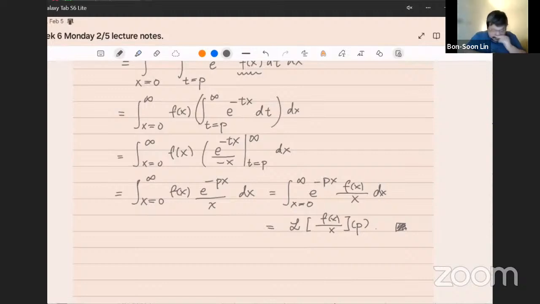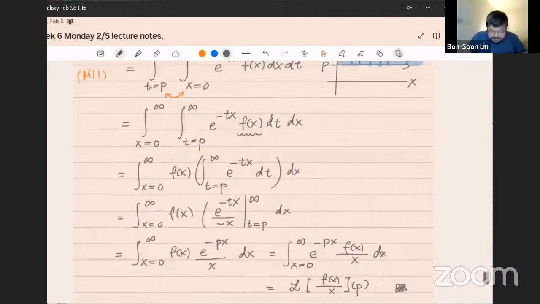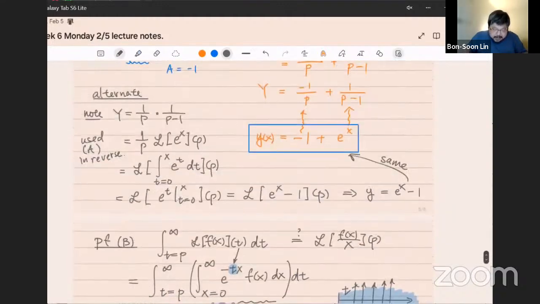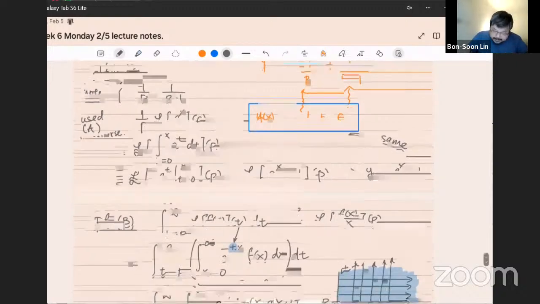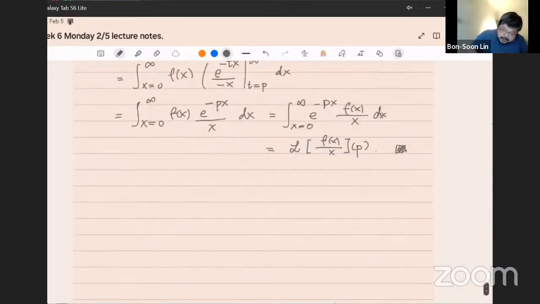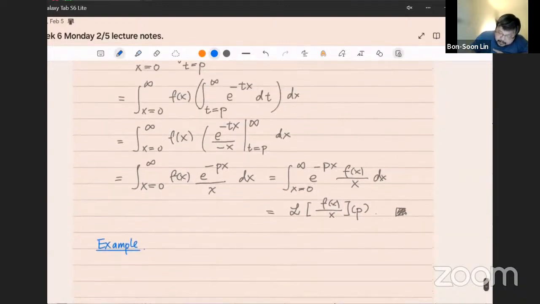So let's see an example using this. So this is the integral of some Laplace transform. Here's an example, and typically this example is used backwards.